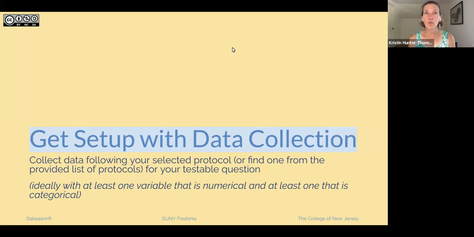Non-testable questions. What causes us to see the sun as yellow? Ooh, now we're getting into a place where we can use some data to help us think about light refraction and reflection and different things like that. So there's a difference between what we can just look up versus what we can test and investigate with data. So we need a testable question.